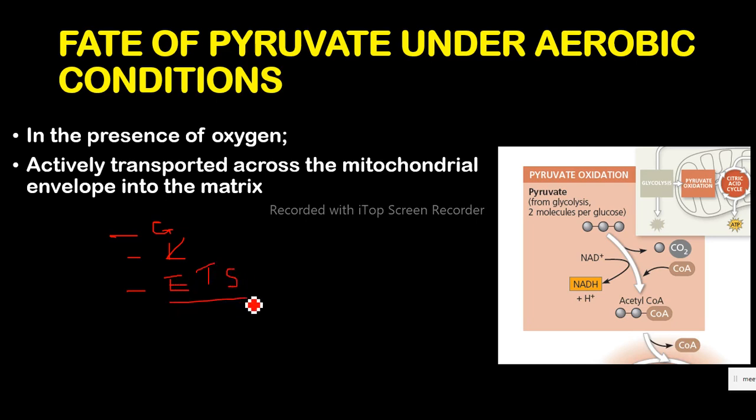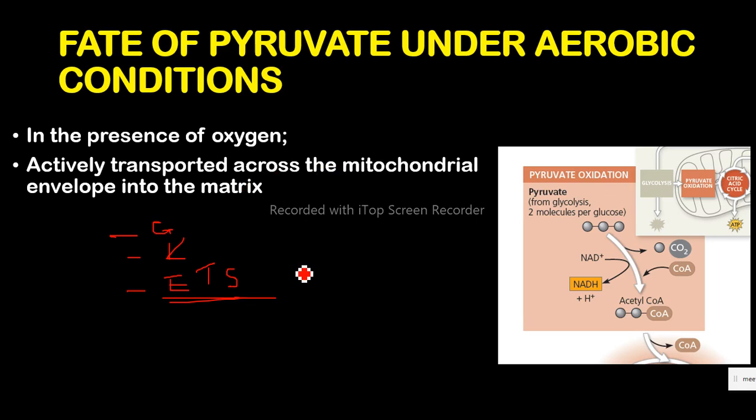However, there is a stage that they tend to ignore, but it is important. Without this stage, there is no way pyruvic acid is going to be fed into the Krebs cycle. This stage is the pyruvic acid activation stage, the intermediate stage between glycolysis and the Krebs cycle.